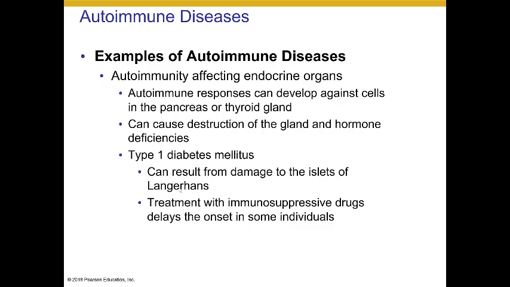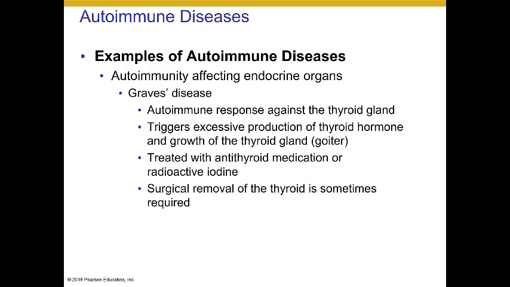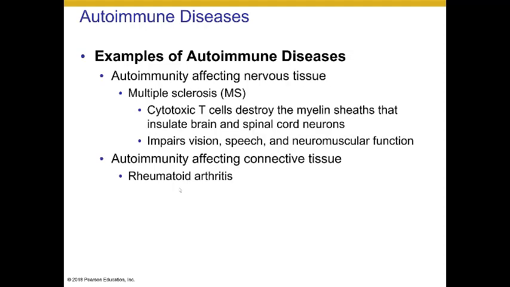That's going to affect how well your pancreas can regulate your blood sugar. So that obviously is going to be a problem. Graves' disease is an autoimmune response against your thyroid gland. What it does is cause an overactive thyroid, and that can lead to a goiter, which looks like a big swelling in your neck.